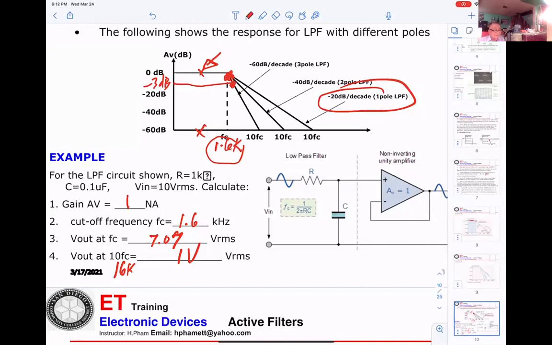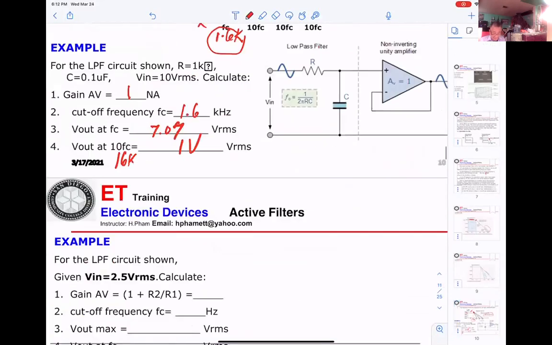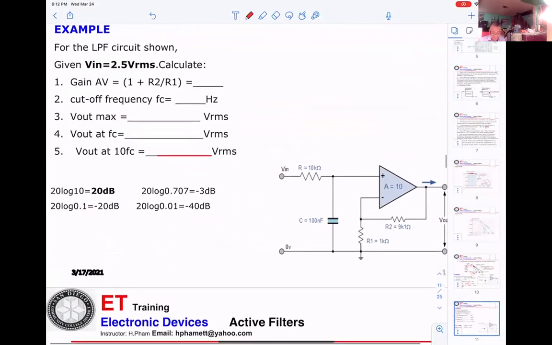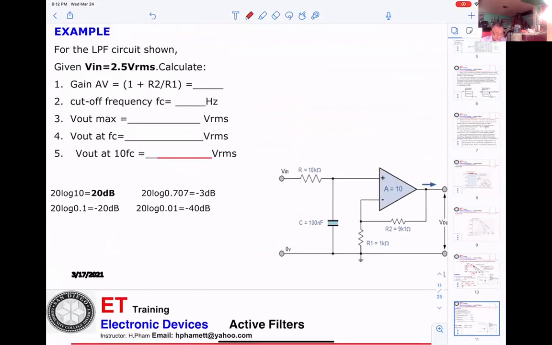That means another 10. Anyway, when you get the assignment, you can get it from me. Now you do this for me. Everything we already learned, except for the filter. On the filter, we need to calculate the cutoff frequency.